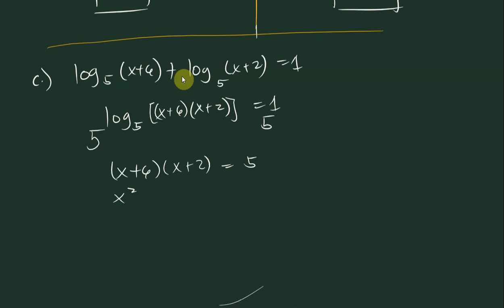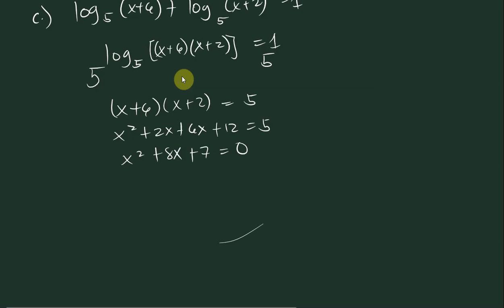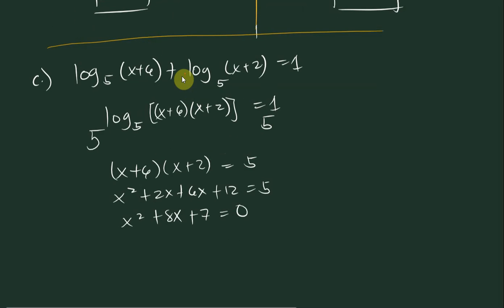We multiply this: x squared plus 2x plus 6x plus 12 is equal to 5. So we will then get x squared plus 8x plus 7, since 12 minus 5 is 7, equal to 0.